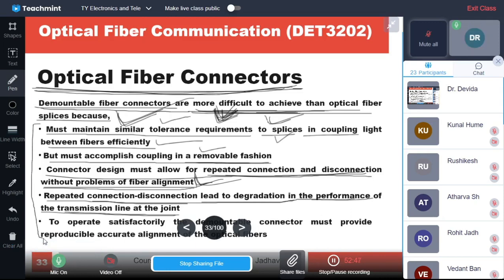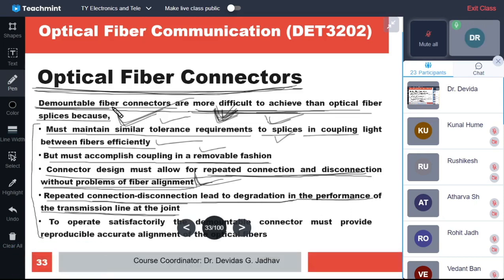Because they are demountable, they have to have additional responsibilities, additional capabilities. What are those?